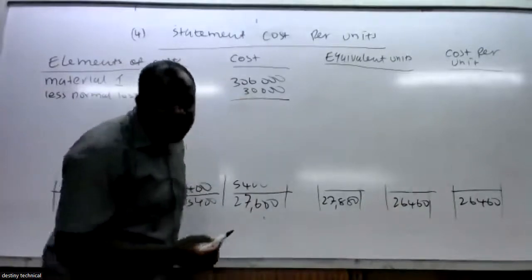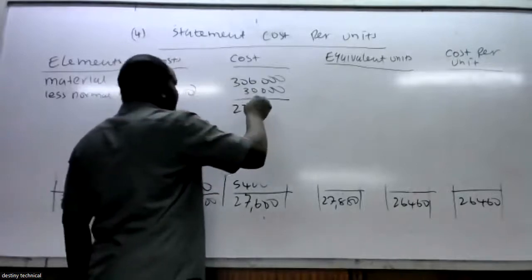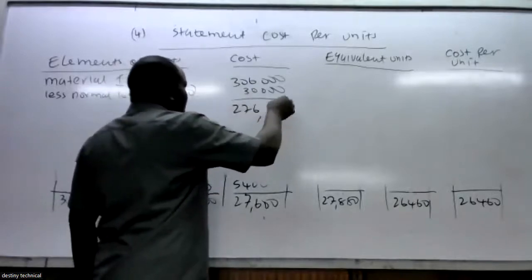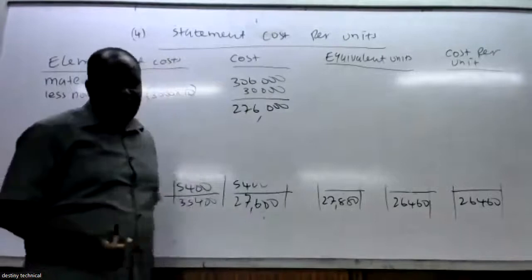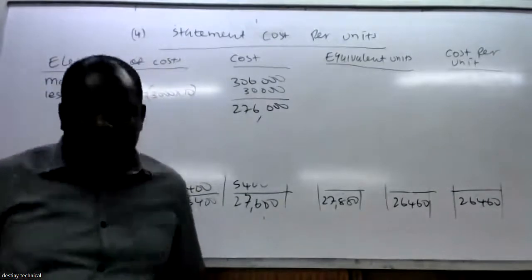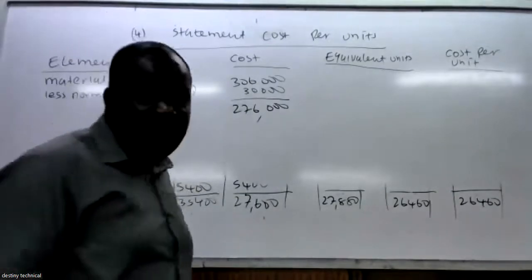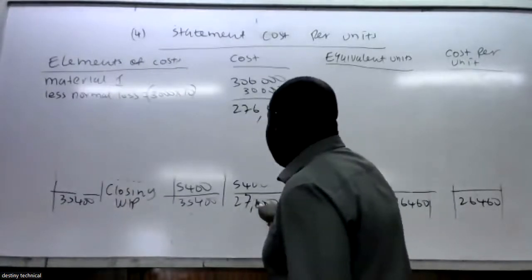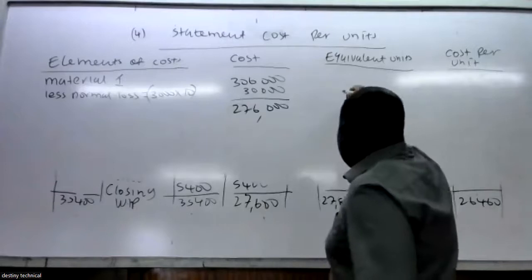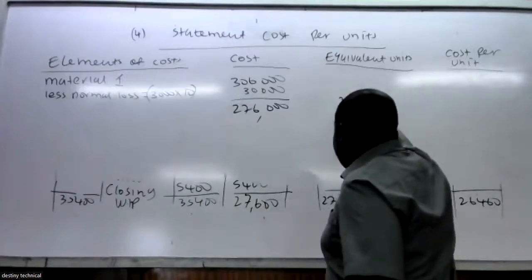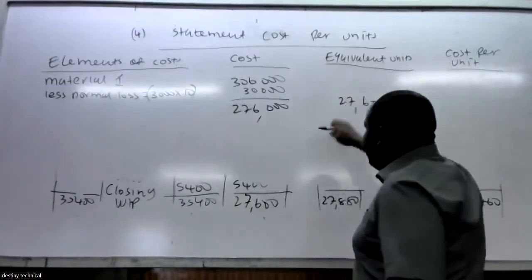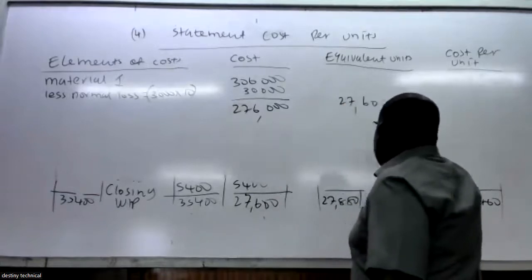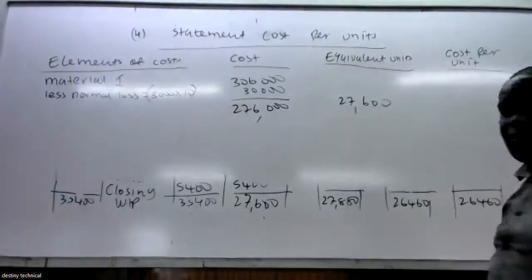It is 276,000. So equivalent units for material 1, there were 27,600. So you take this and divide by that to give you the cost per unit.